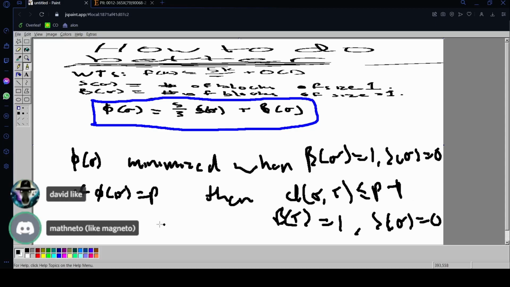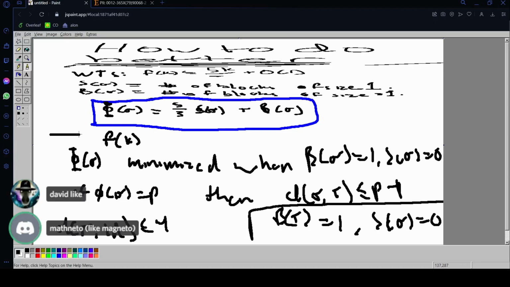And then in their paper they also show that for any tau that looks like this, where we only have one block and there are no singletons, the distance from tau to the identity is at most 4. And so bada bing bada boom, we call this uppercase phi.